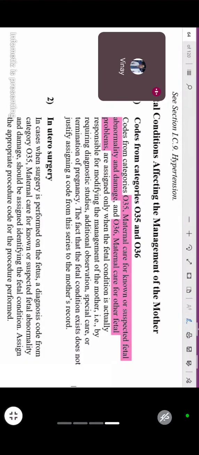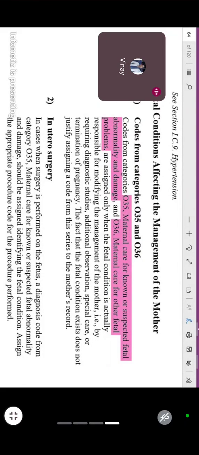For O35, even though we are not confirmed, we are just suspecting, then also we can code O35, which says known or suspected fetal abnormality. This is assigned only when the fetal condition is actually responsible for modifying the management of the mother, by requiring diagnostic study, additional observation, special care.